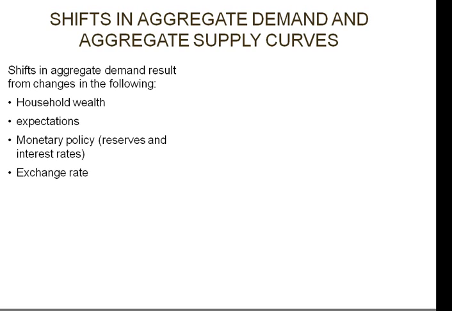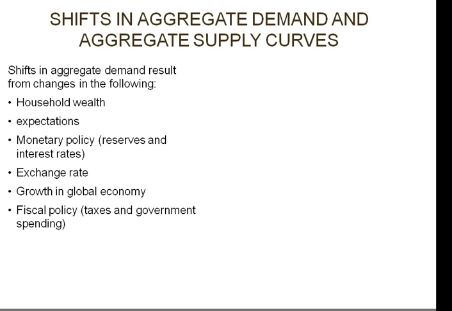Exchange rate: if the exchange rate is in our favor, we are going to have more demand, and vice versa. Growth in the global economies: if there is positive growth, people are going to demand more, and vice versa. Fiscal policy, taxes and government spending: if the government is spending more, they are increasing aggregate demand, but if they are increasing the tax rate, they are going to decrease aggregate demand.